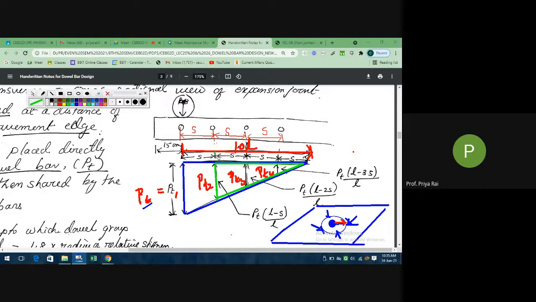From here to here, what is the value? The total distance is L, and these are the individual spacings we know. From the diagram, what is this green distance?